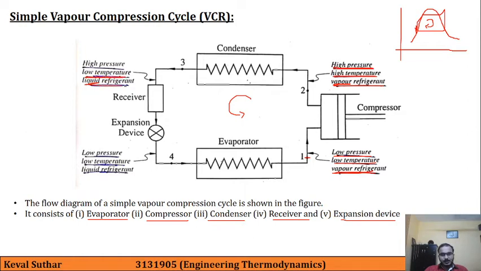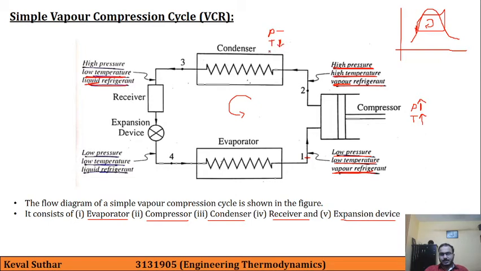So if we see one by one, in the compressor the pressure is increased, and the temperature is also increased. Then we have the condenser, in which the pressure remains the same and the temperature T gets reduced, and here a phase change happens.